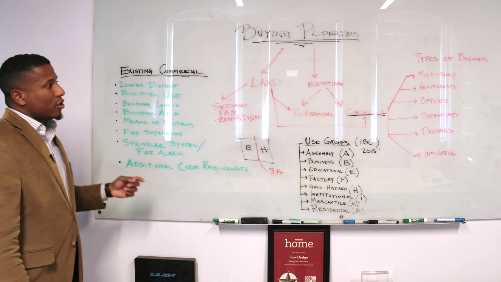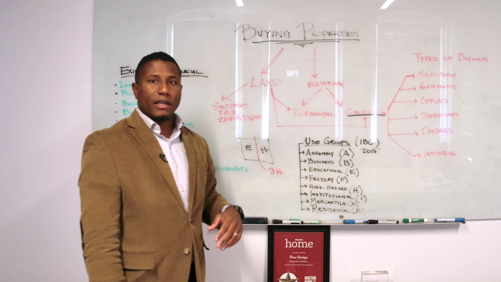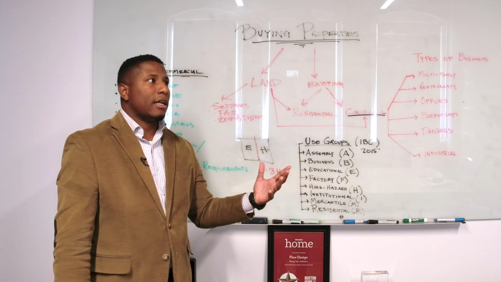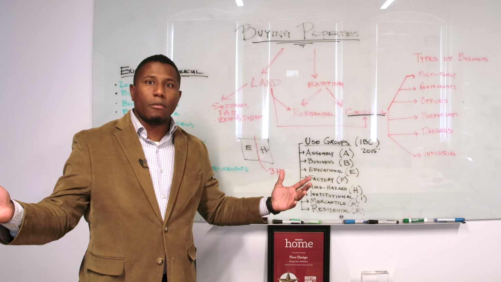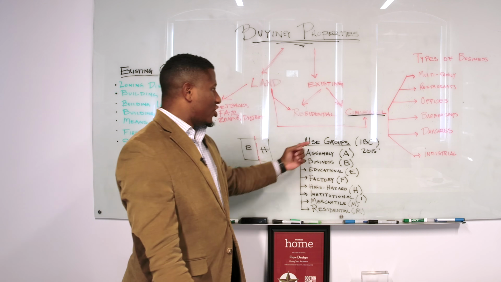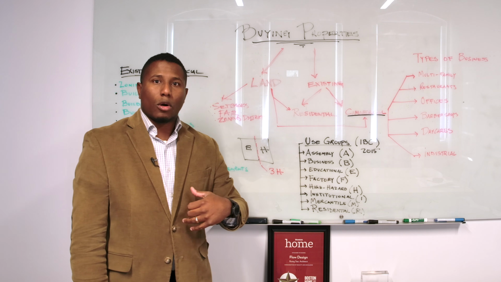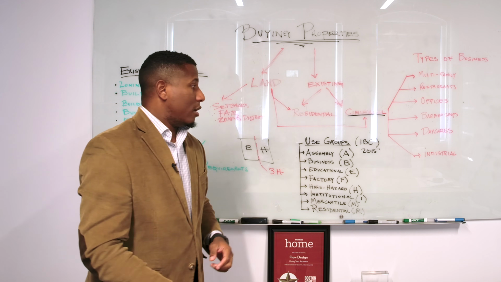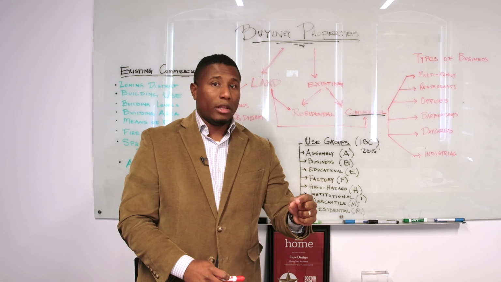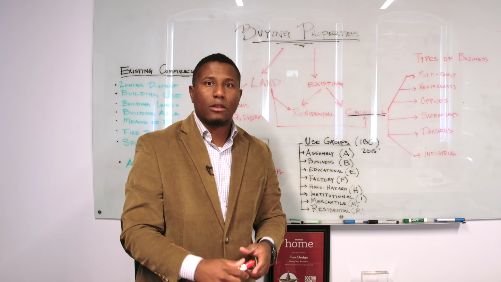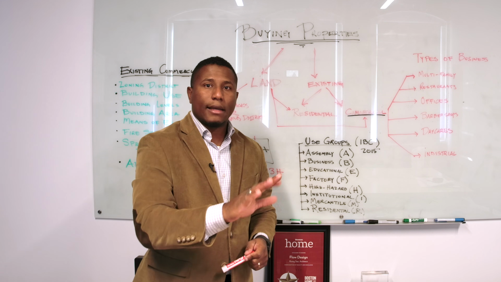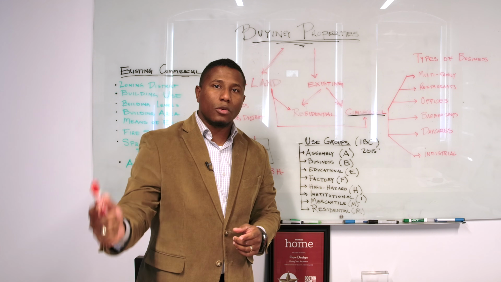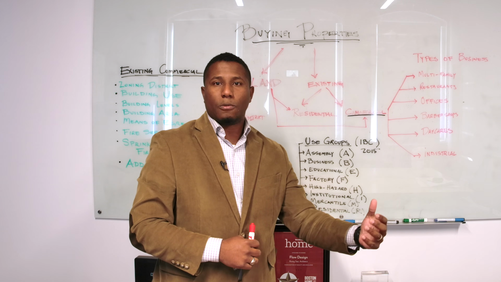If you're trying to develop an existing commercial space and you realize, oh my God, I don't have any fire alarm, and then you try to change the use group or make a big renovation within the building, the building commissioner or building inspector might tell you, hey, wait a second, you are changing the use or you're renovating the space.